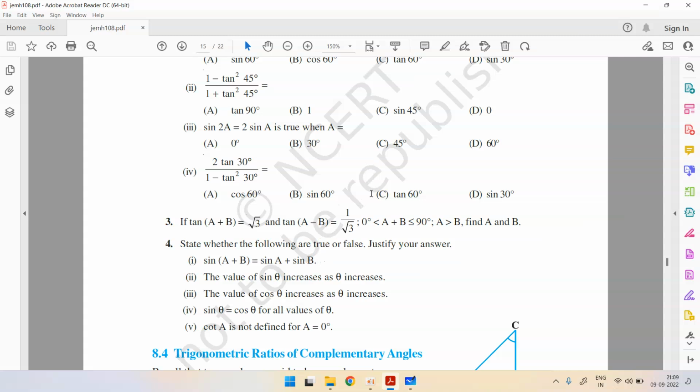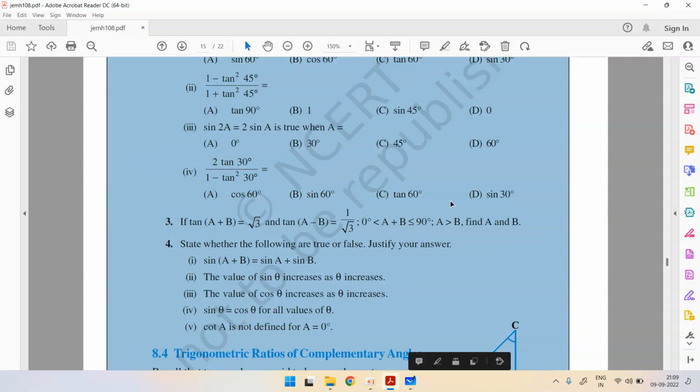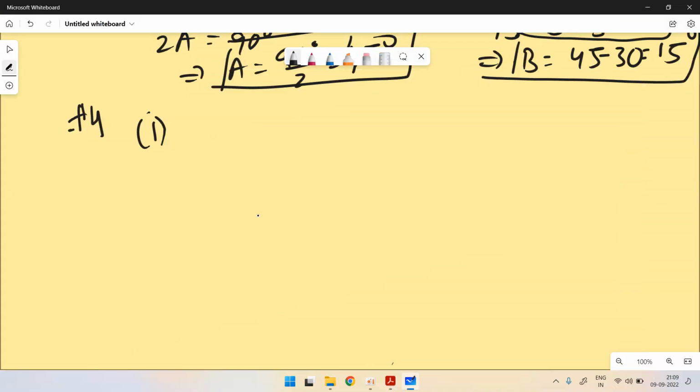This is not a linear equation where you can express it that way. Sine is never multiplied with A, so it cannot be expressed like sine A plus sine B. Now, the value of sine theta increases as theta increases. Yes, you know that.